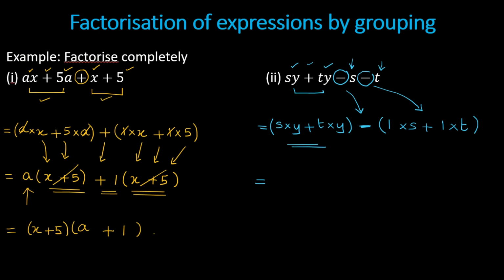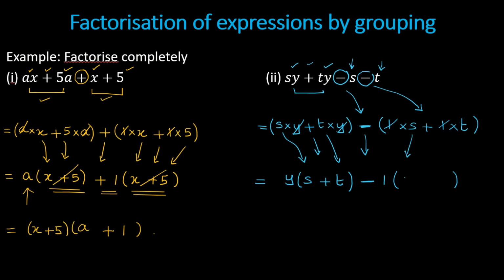Now we remove the common factor. In the first pair of brackets, the common factor is Y. So we remove Y outside the brackets. So we are left with S plus T. Right? You have your minus, insert the minus. Now for the second pair of brackets, what is the common factor? The common factor is simply 1. Okay, so 1 is outside the bracket.